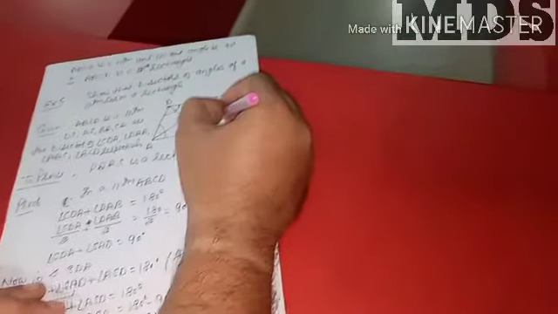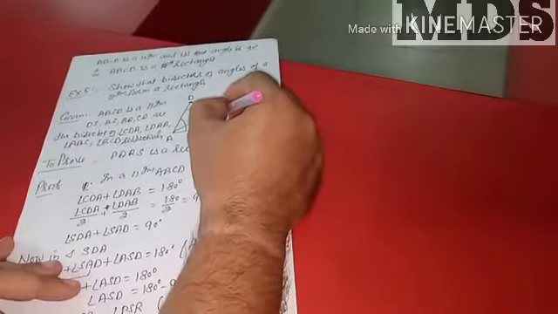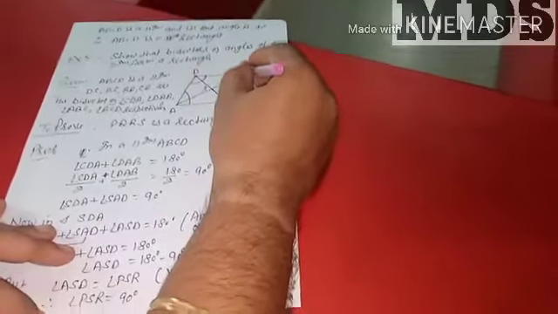This complete plus this complete is 180, again half is 90, so this is 90, this also 90. So this triangle, take this plus this 180, half is again 90, this 90.